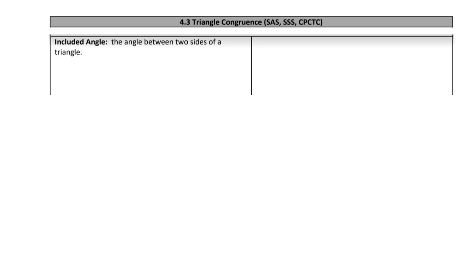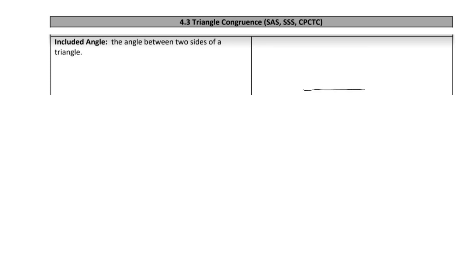Notes 4.3 and 4.4 together, because they're very similar in what they go through. So to start off, before we get into triangle congruence and proving them, we need to go over certain terms, like an included angle. This is an angle between two sides of a triangle.